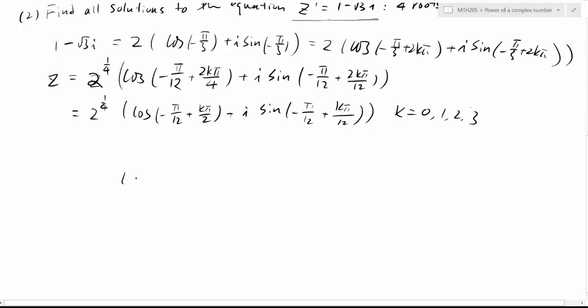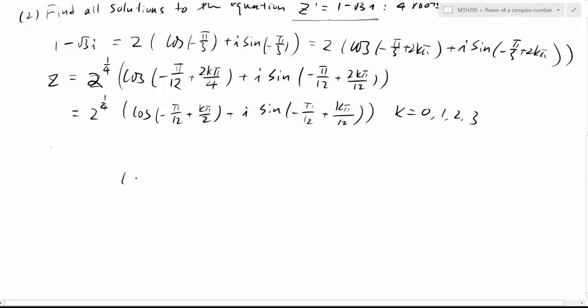Let's go a little bit further to see what kind of complex numbers we have over here. First of all, these complex numbers, 4 roots, they all have the same modulus. That's 2 to the power 1/4. But the arguments are different. Let's look at all these 4 different arguments.